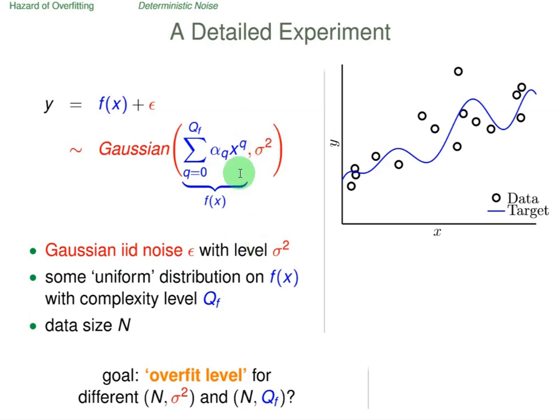This is a higher order polynomial, the target complexity polynomial. We normalize this polynomial quantity with alpha, so that the energy is always 1. Since we want to observe signal to noise ratio, we can say that sigma, or the variance, is really the amount of noise.